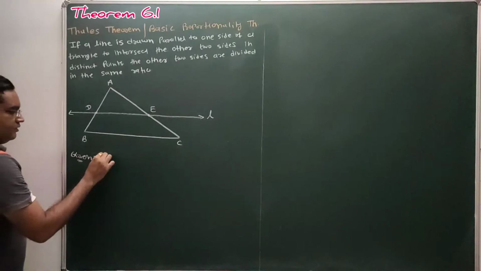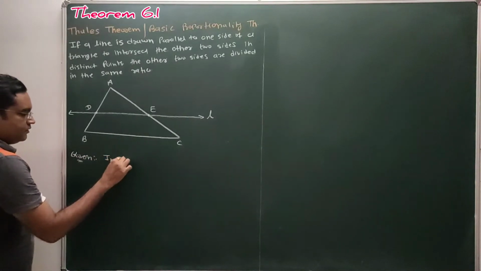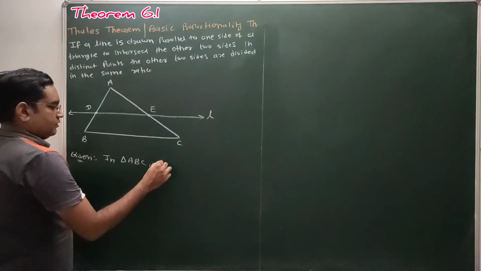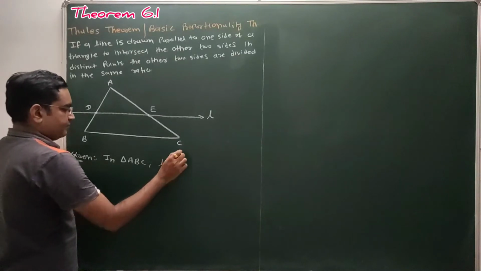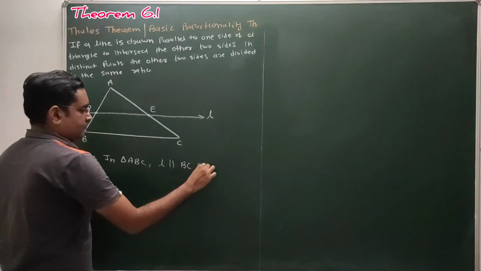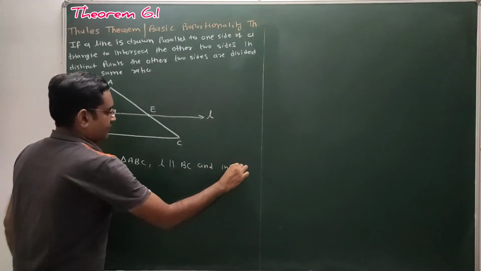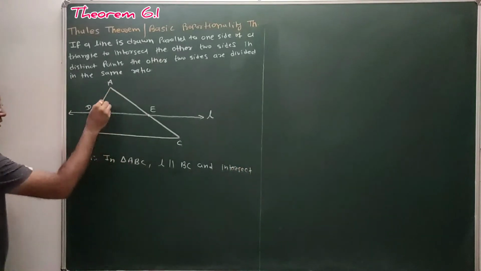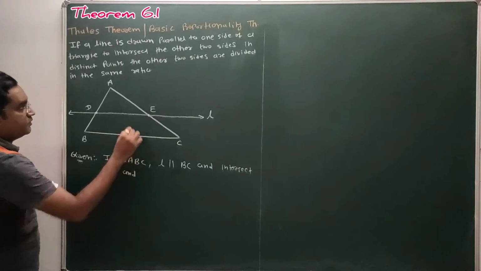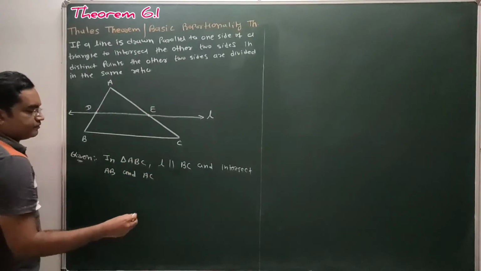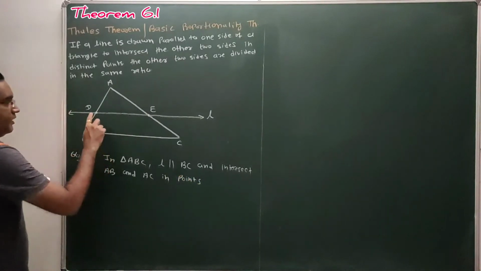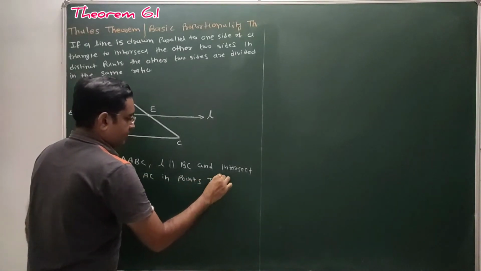Given that in triangle ABC, line L is parallel to BC and intersects two sides AB and AC in points D and E respectively.